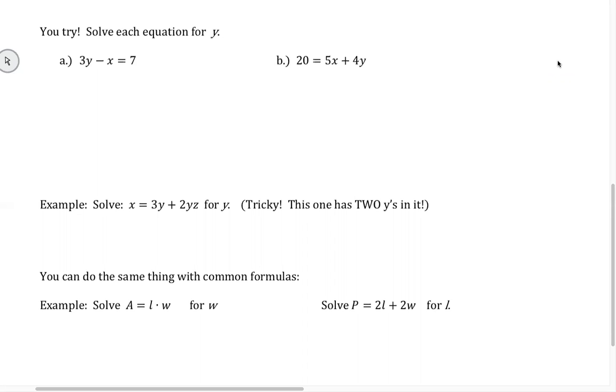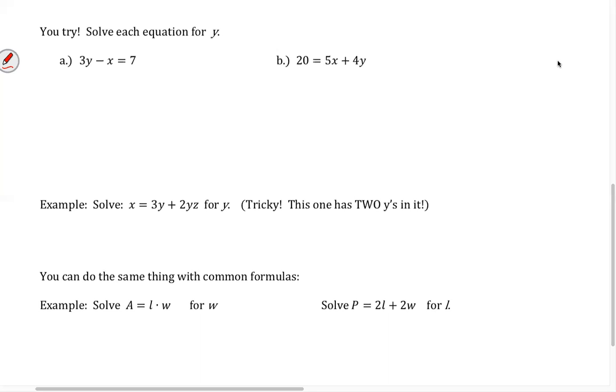Should we do B2? A and B, yep. All right, Liam. Liam, you there? Yeah. Liam, how do I get y by itself in A? What do I do? Divide by 3.